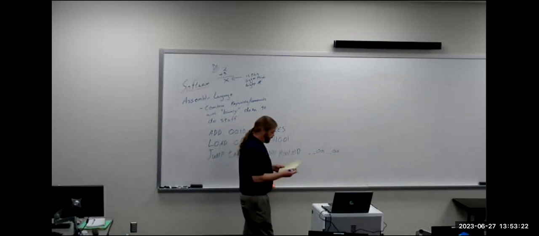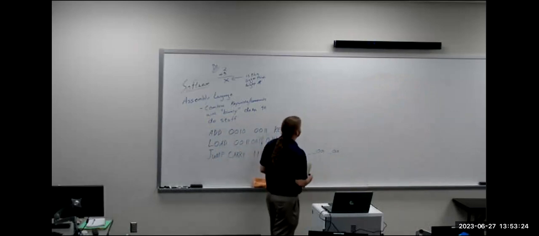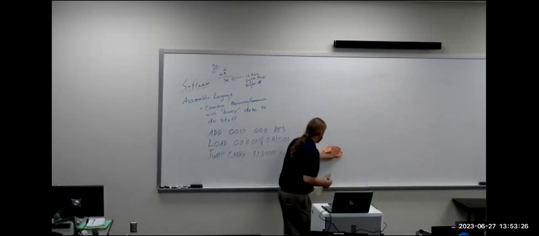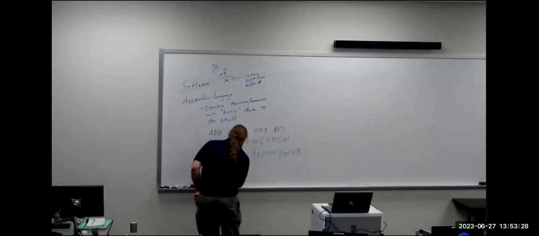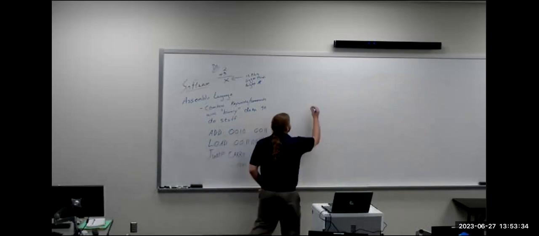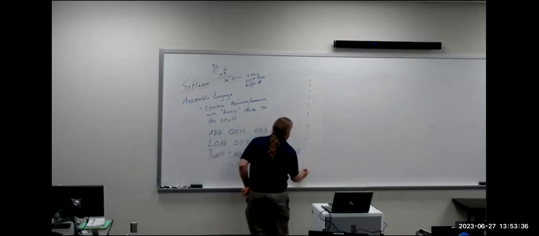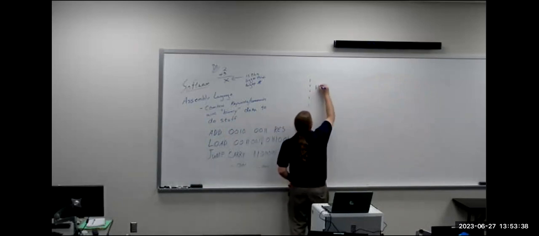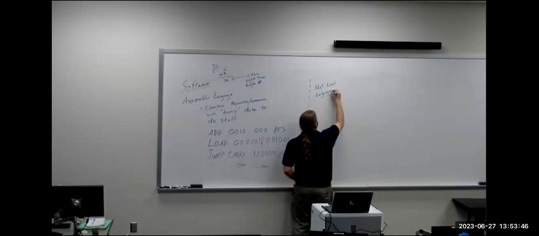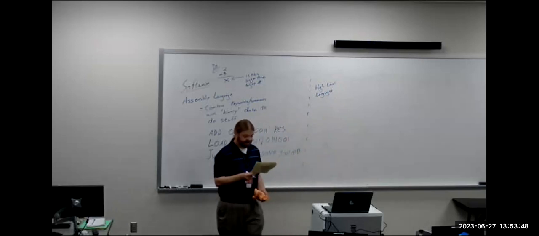Still kind of hard to work with. So then we get into high level languages. I'm gonna move this down to the next level. Then we get to high level languages. I summarized that in my notes.